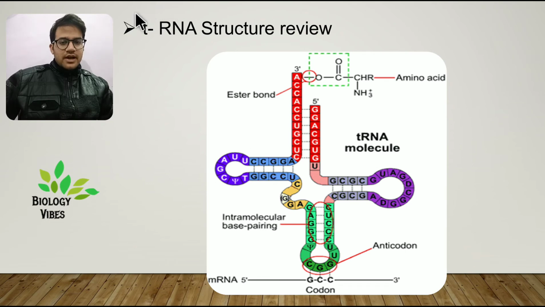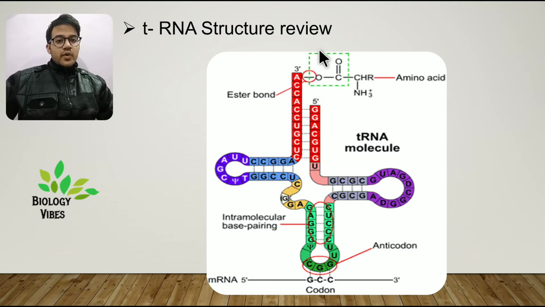Now, before that, let's review the structure of tRNA. The main important things to keep in mind here are, first, this region. This is your mRNA that has codons, right? Complementary to that, there is a specific anticodon, and corresponding to this anticodon, there's a specific type of amino acid placed here.